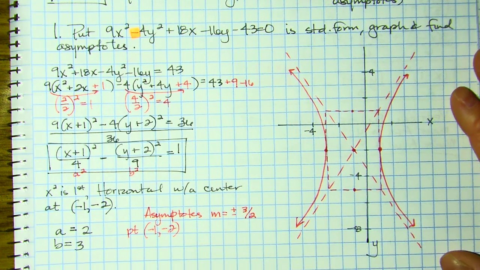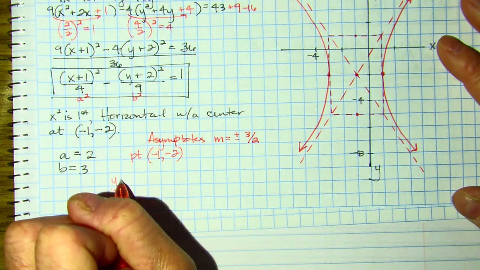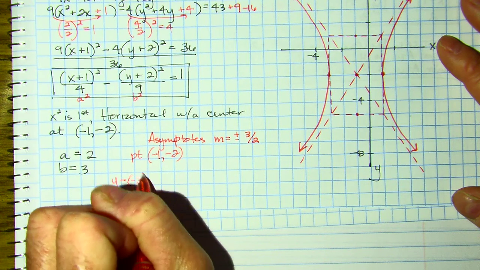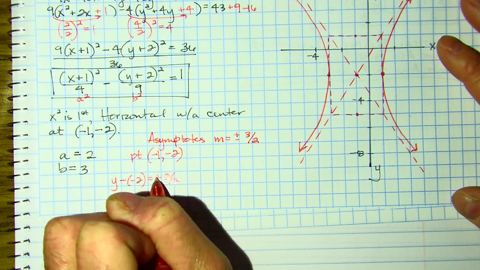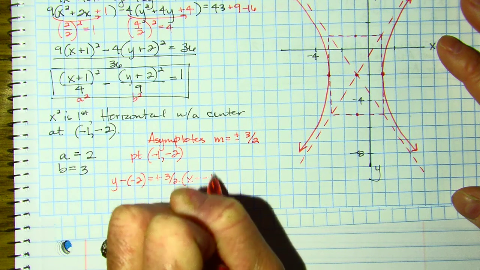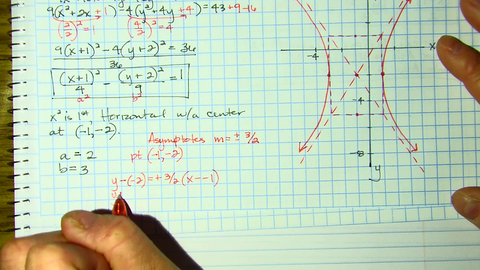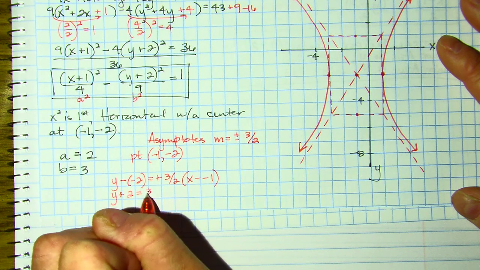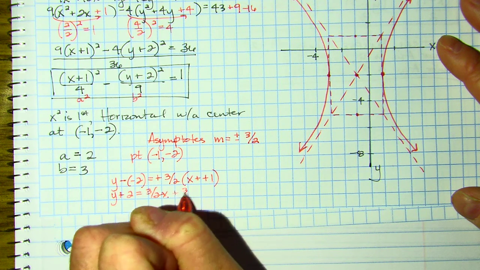And so we're going to have to actually calculate the lines. So y minus a -2 equals, let's start with the positive 3/2 times x minus a -1. So this is y plus 2 equals 3/2 x plus 3/2.